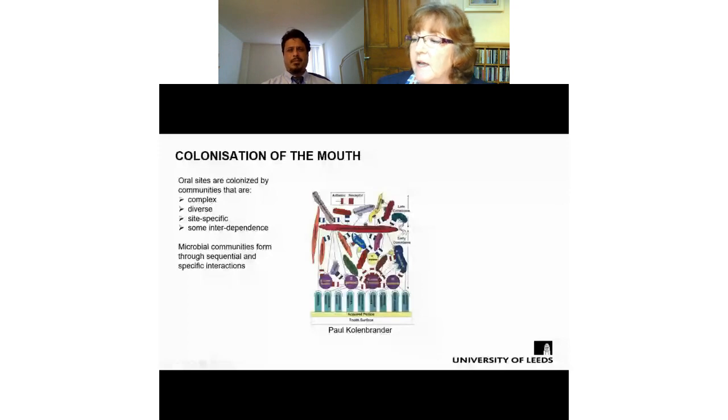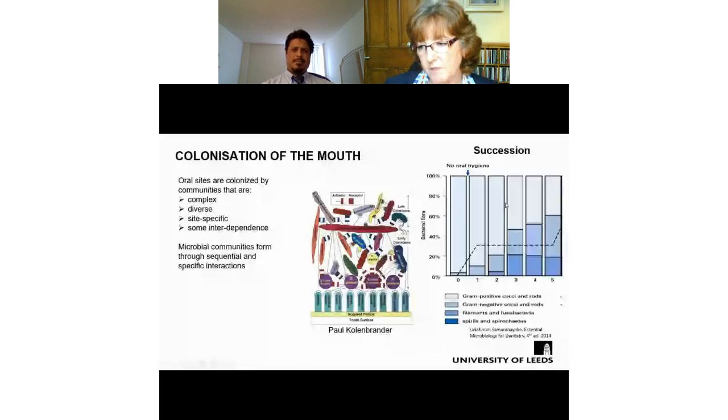And you have organisms like Fusobacterium nucleatum, which is a really important organism in terms of maturation of plaque. And it's a promiscuous adherer to a wide range of other organisms. So that forms coaggregation bridges between some of the earlier colonizers and the later colonizers. So what you have is this sequential and well-characterized specific interactions that result in the buildup of plaque.